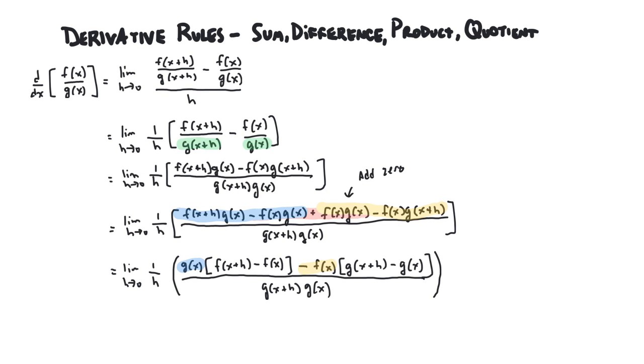I see g of x multiplied by f of x plus h minus f of x over h. That's f's derivative. And then I have minus f of x multiplied by g of x plus h minus g of x over h. That's g's derivative, and everything is over g times g. And this is the quotient rule.